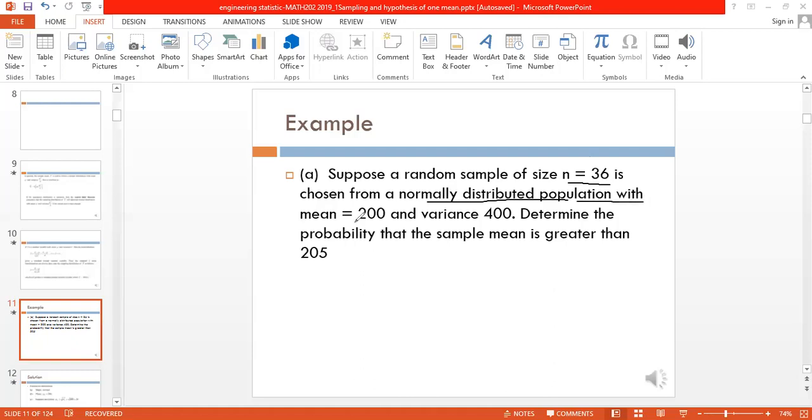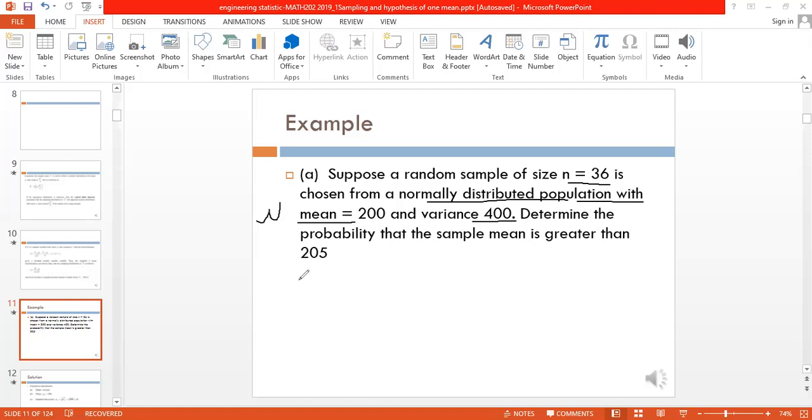And we've been told that the normally distributed population has a mean of 200. So this is the mean of the population, mu. And the variance of the population, sigma squared, is 400. And we are asked to determine the probability that the sample mean will be greater than what? 205, okay? Will be greater than 205.